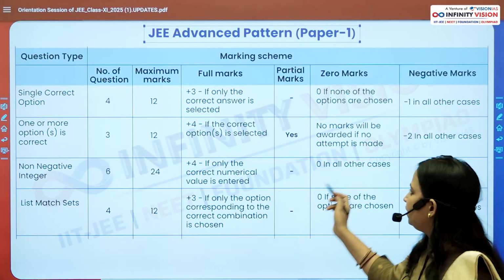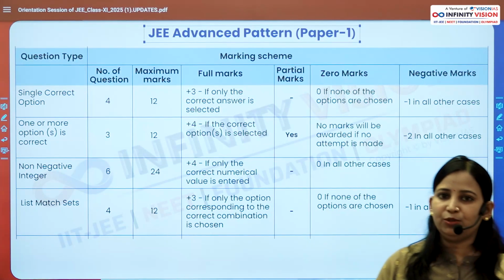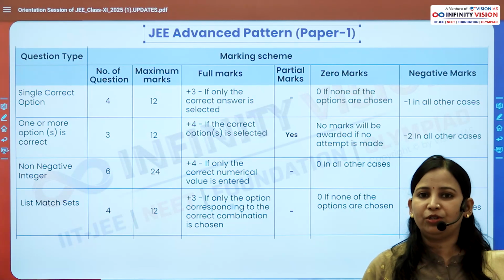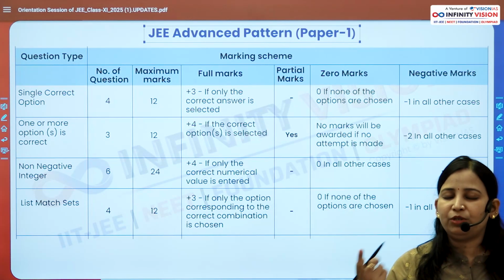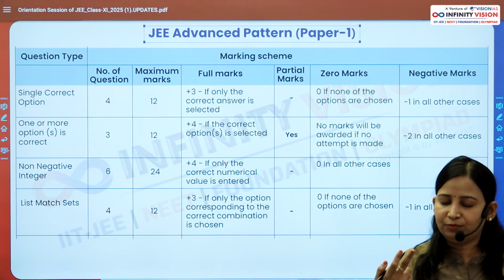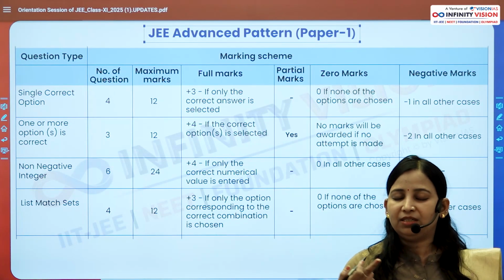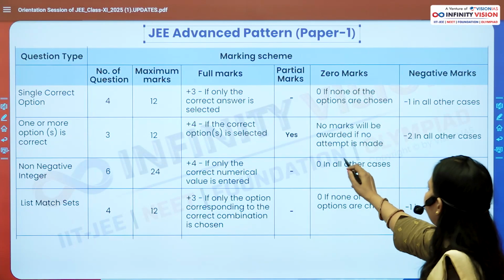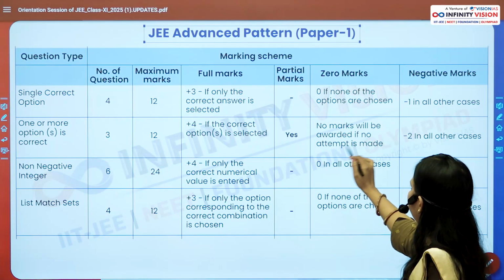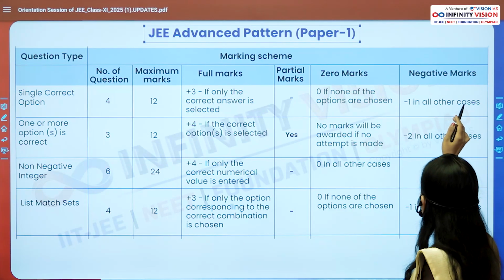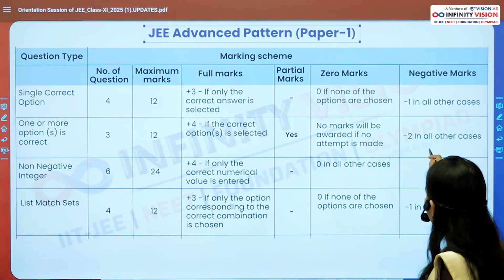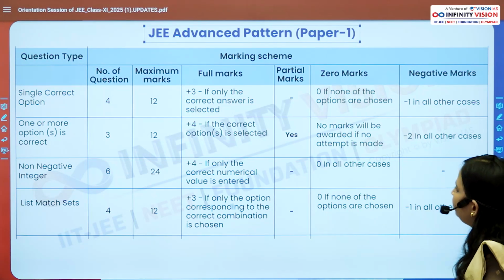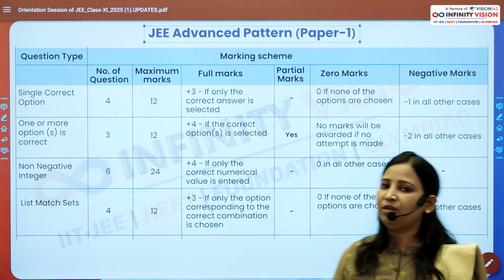Suppose there are 3 correct options and you have responded with only 2, then you will be given only 2 marks. For a wrong response, 1 mark will be deducted. If you do not attempt the question, you will get no marks, and if you attempt it and choose a wrong option, then -2 marks will be deducted from your total marks.